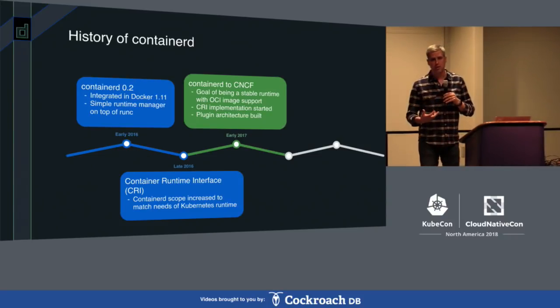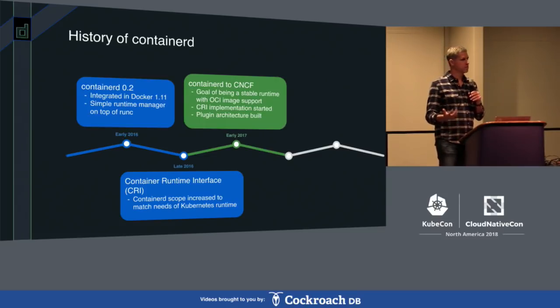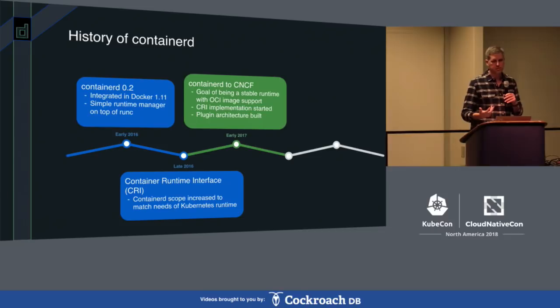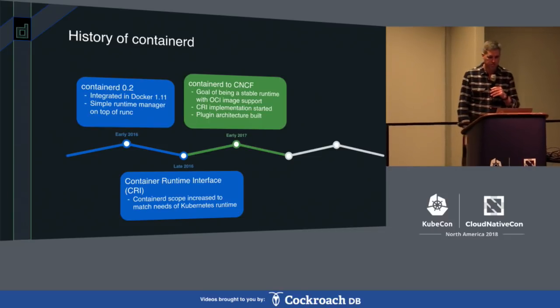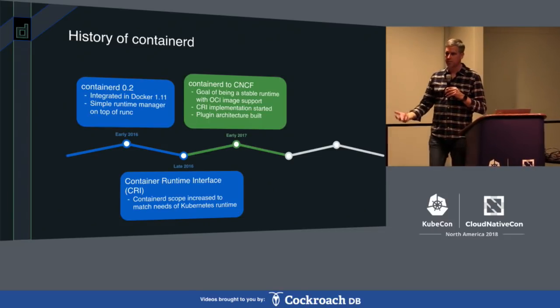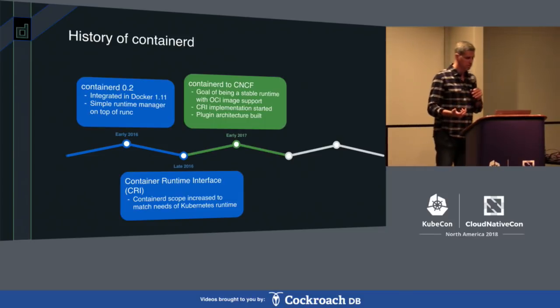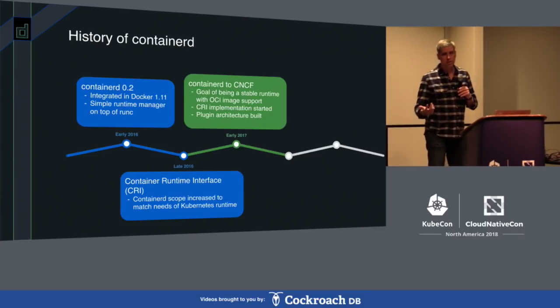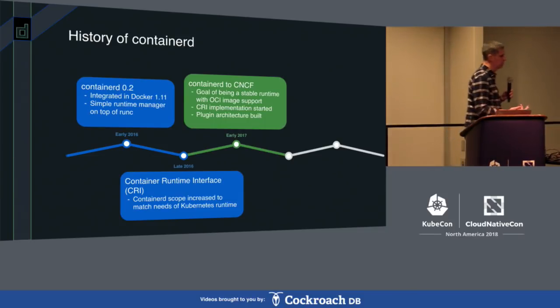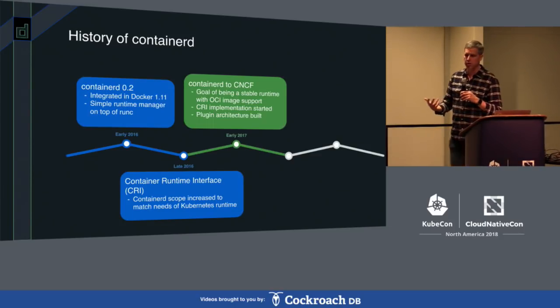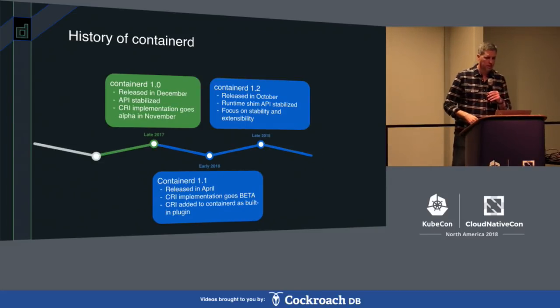And it was really this goal of not just being a runC manager for the Docker engine, but to be a complete core container runtime that supported the OCI image format, that used the OCI runtime, and that would implement the CRI, so it was useful for Kubernetes as well. And at that time, we also added a plugin architecture that we'll talk about a little bit more.